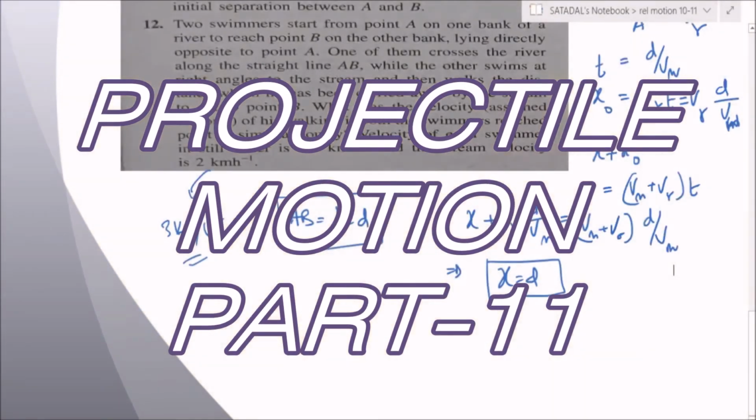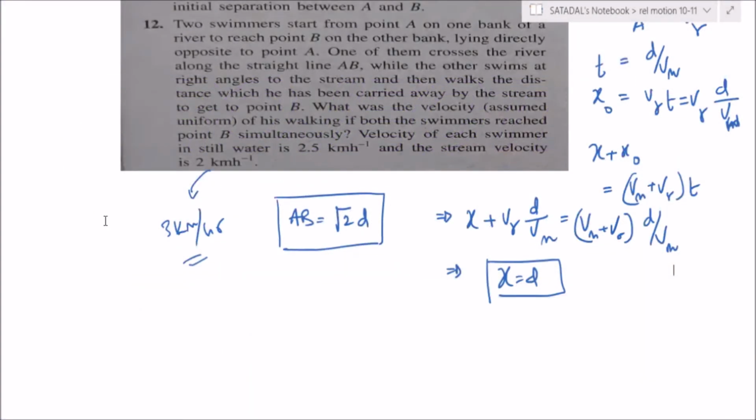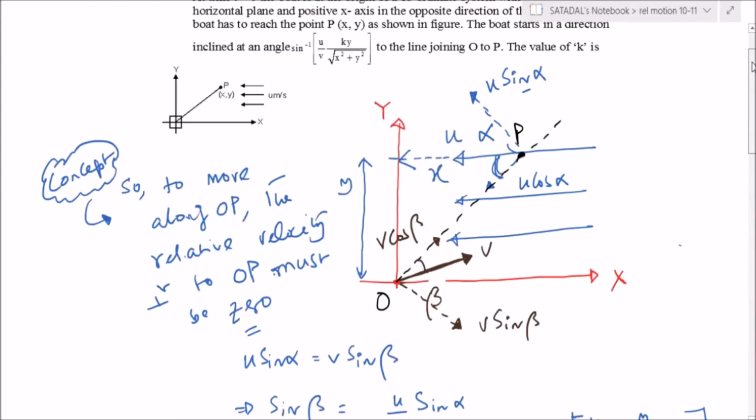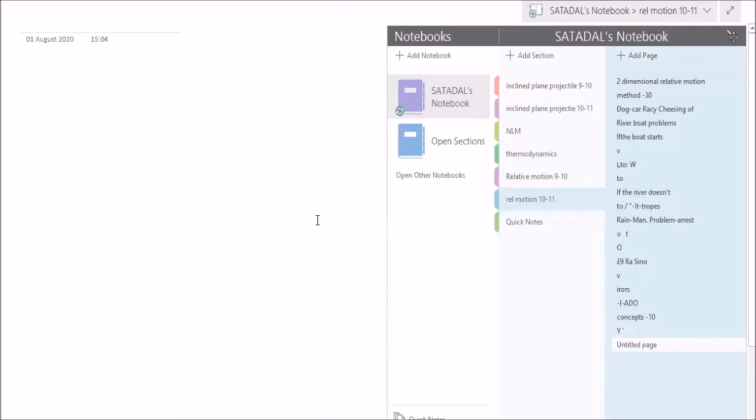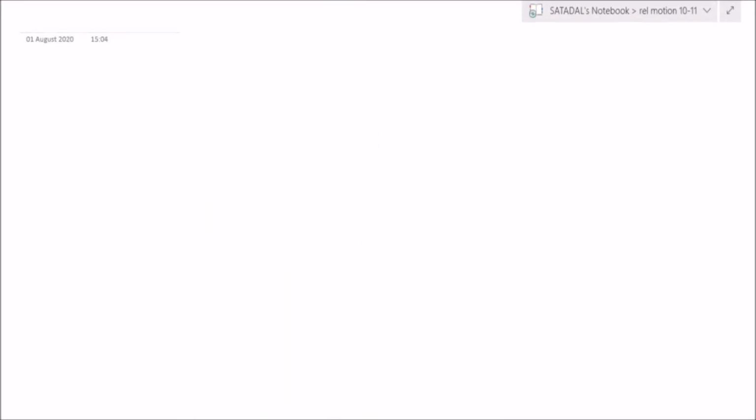Okay, so we will do after 12. After 12 also there are a few painful questions. Real painful questions are there. Chalo, let's go.